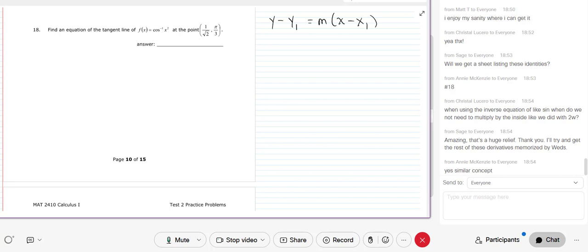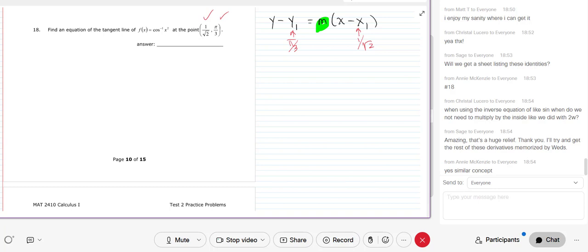In this case, I gave you what x was. That's going to be 1 over square root of 2. And I gave you what y is. That's going to be pi over 3. So the big part of this problem is figuring out the slope of the tangent line, which is going to come from doing the derivative.